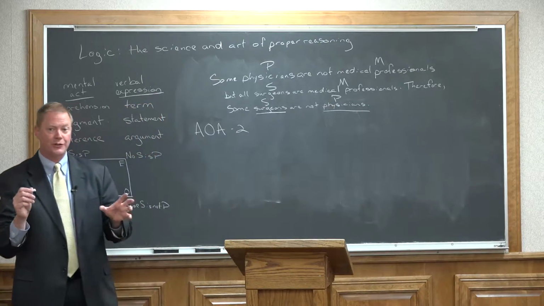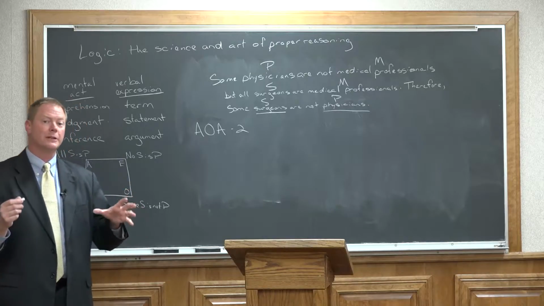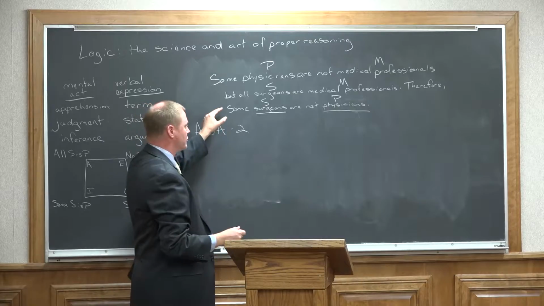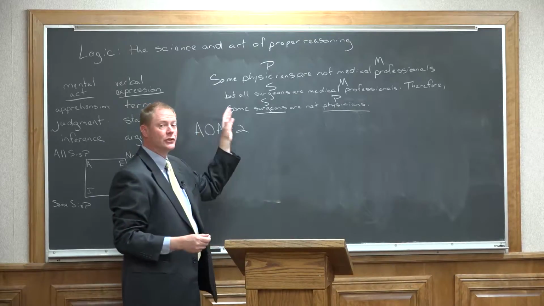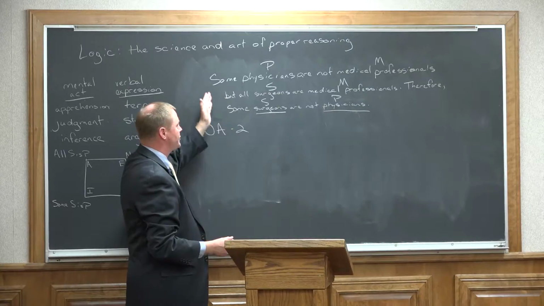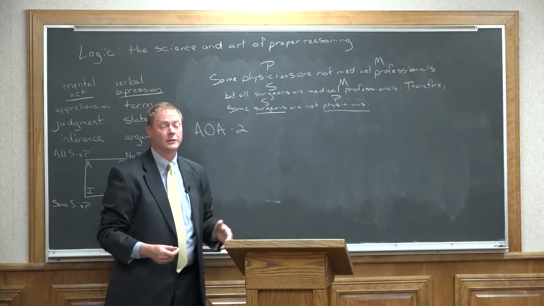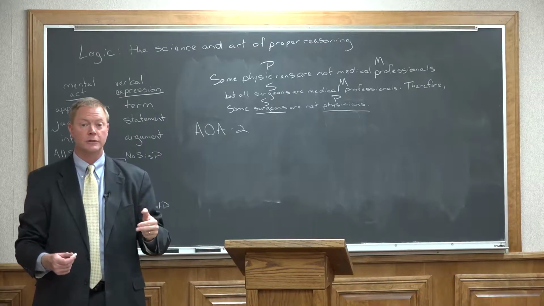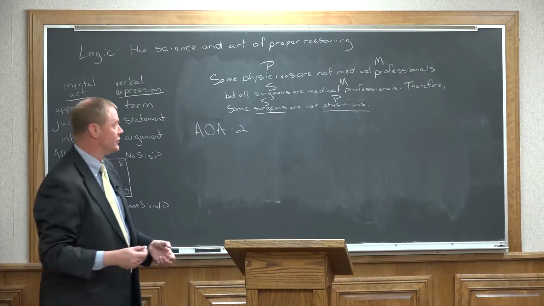First thing we're going to do is test it by a counterexample. Can we change this conclusion to an obviously false conclusion and keep the premises true? If we have two true premises followed by a false conclusion, then we have an invalid syllogism.